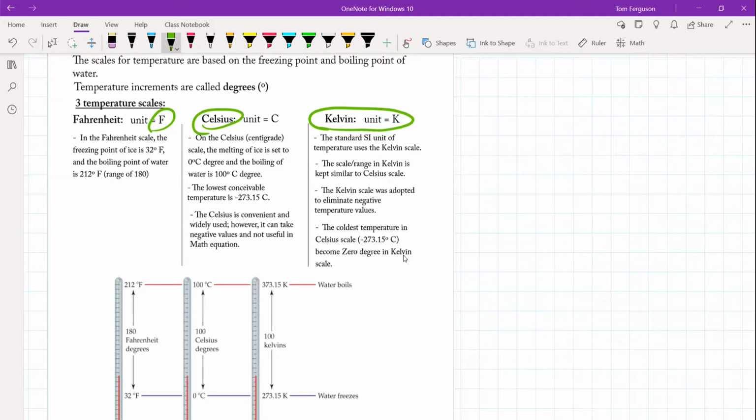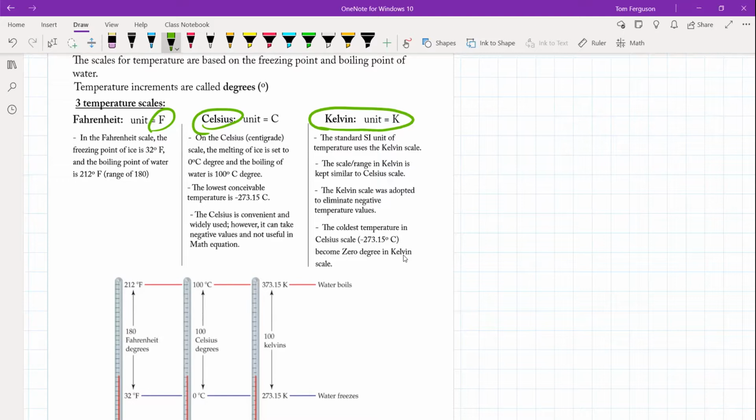So what happens if all movement stops? That's called absolute zero. That's when all kinetic energy is gone from the system, period. That's called zero, absolute zero, and that's what K is.